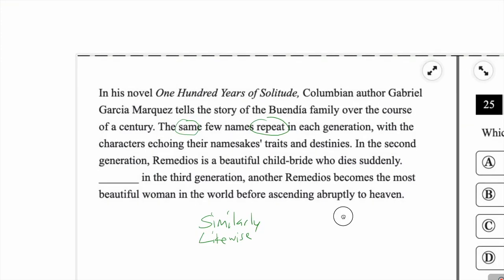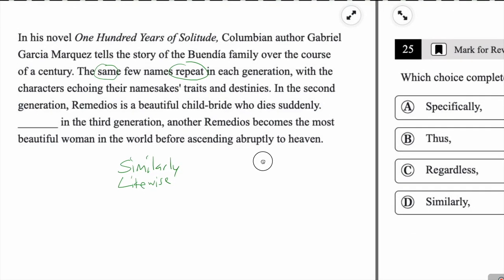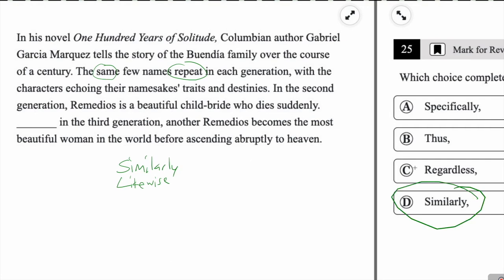Well, you won't see both of them, but the two that indicate similarity, and that's what we got. So specifically, we just saw in the previous one, thus would go in that same category with hence. And regardless, I think we could throw that in there with nevertheless, still, nonetheless, not exact synonyms, but pretty close.